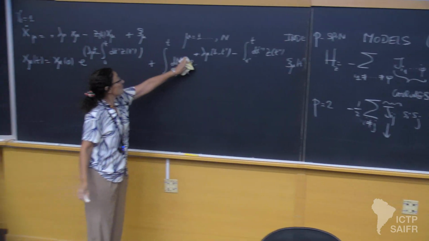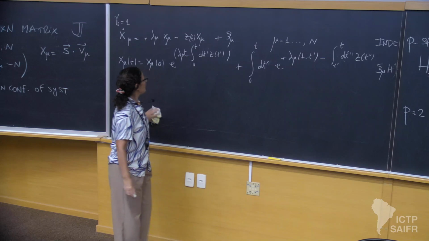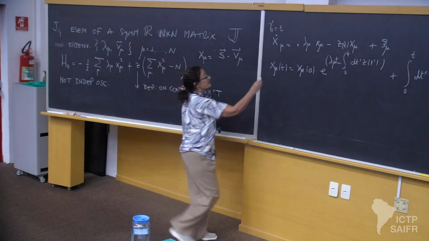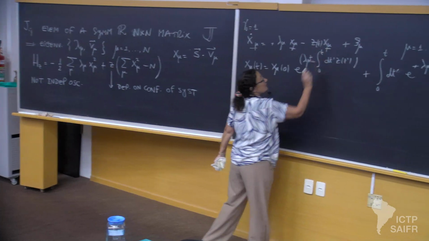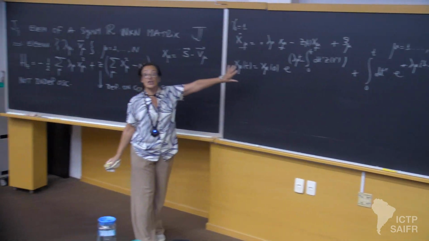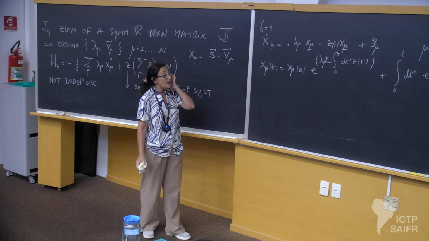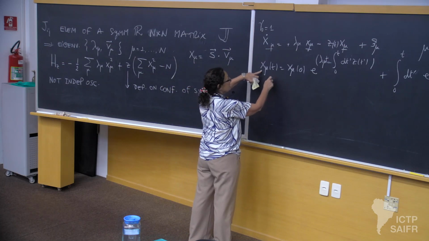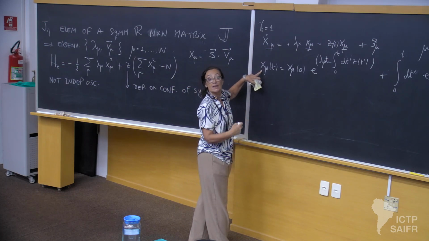OK, so it's not difficult to see that this is the solution to that linear equation on the axis, assuming that I know z. Fine. So now let's say that I have to impose the spherical constraint to get the z.